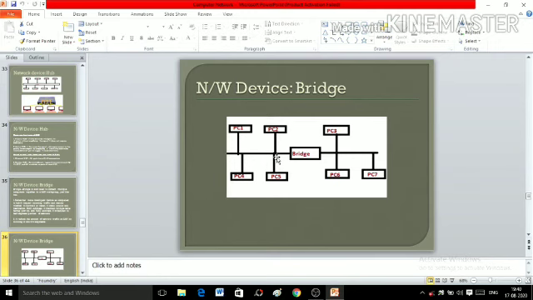Hub broadcasts the message to all the systems attached to it, whereas bridge also broadcasts but only to half of the network segment. Bridge actually divides your network into two different segments.